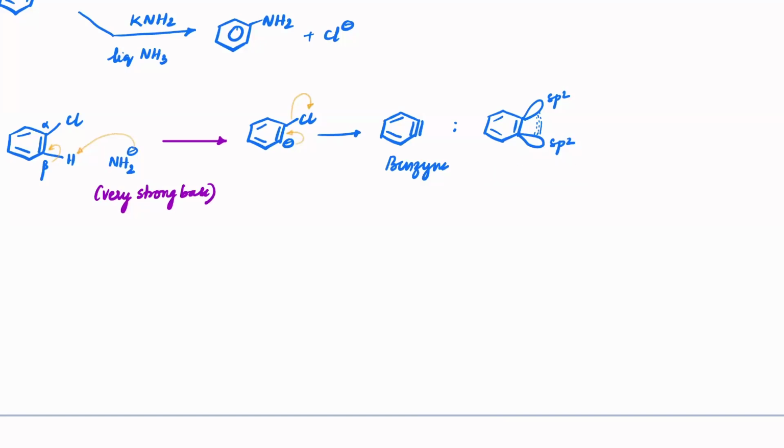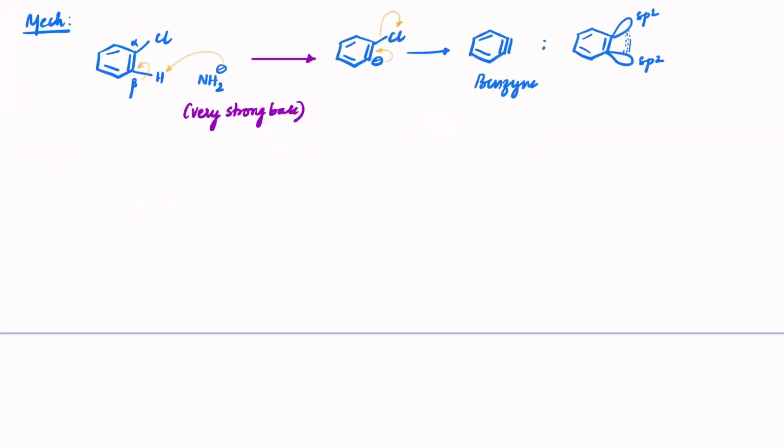And now it is definitely not simple ArSN2, because when it comes to the reactivity order, it has been noticed that bromobenzene is relatively more reactive than iodobenzene, then chlorobenzene, and then fluorobenzene.